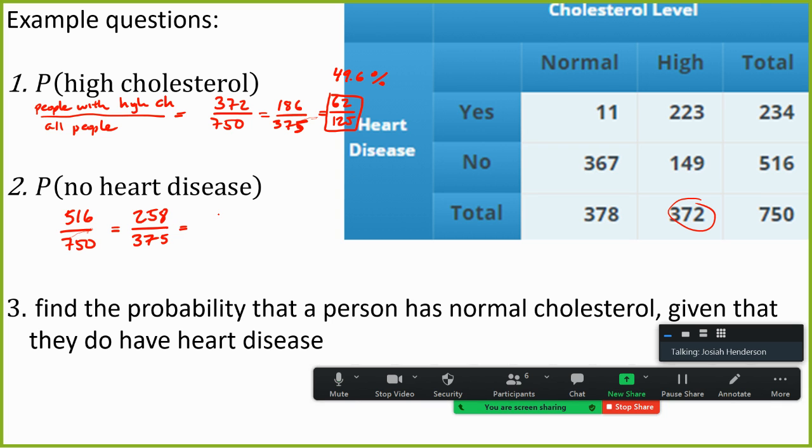Try dividing them by 3. 86 over 125. And that would be the end. Then to find your decimal, 86 divided by 125, 68.8%.